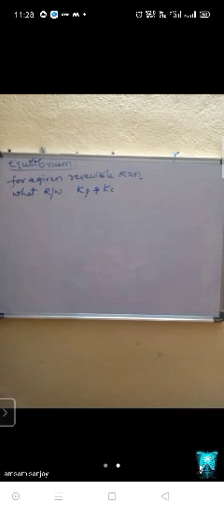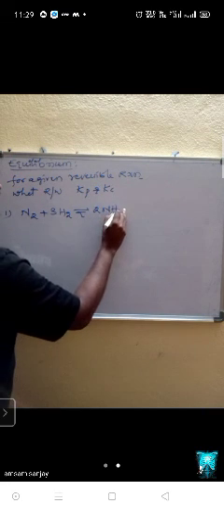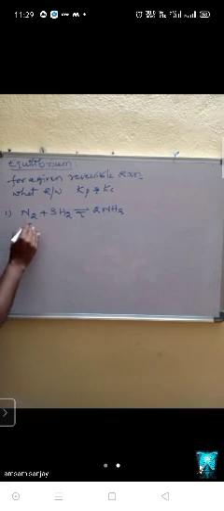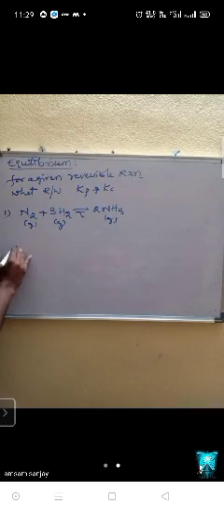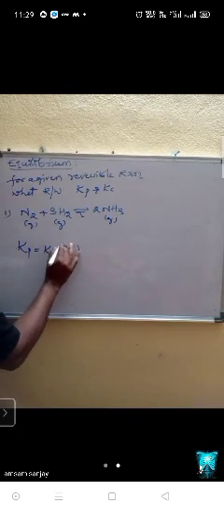The reaction is N2 plus 3H2 gives rise to 2NH3. This is gas, this is also gas, this is also gas. The Kp Kc relation is Kp is equal to Kc (RT) whole power delta n.